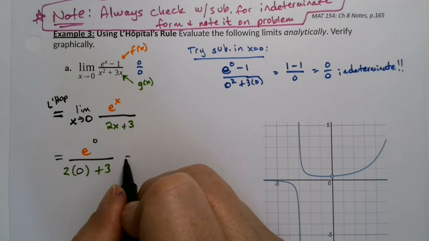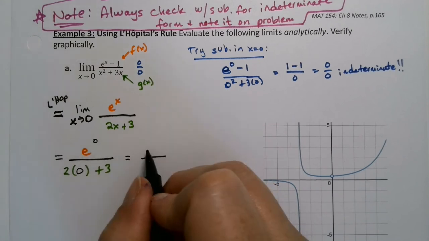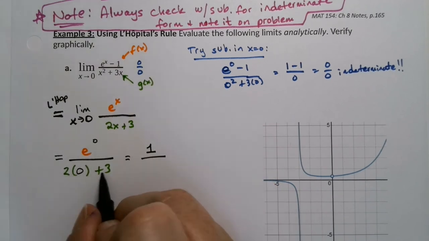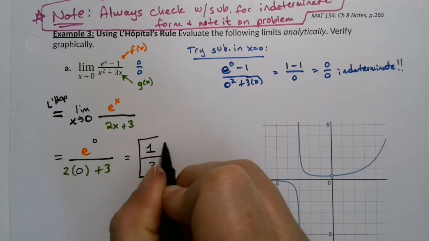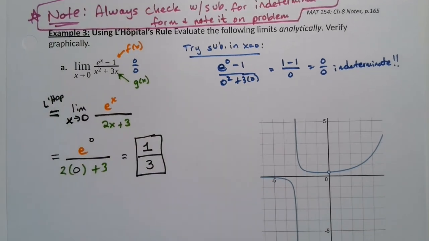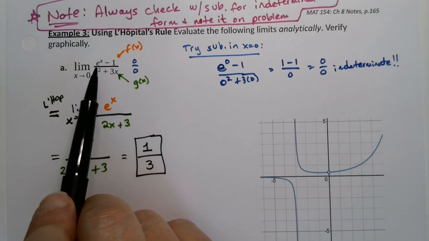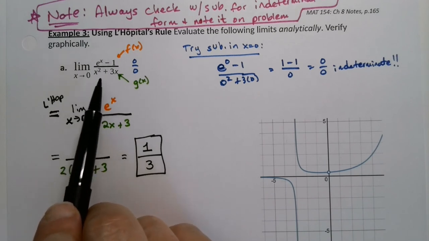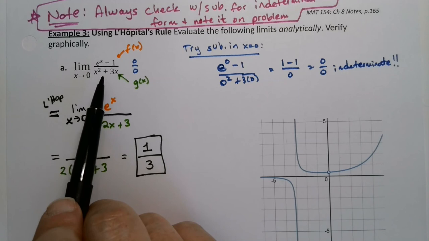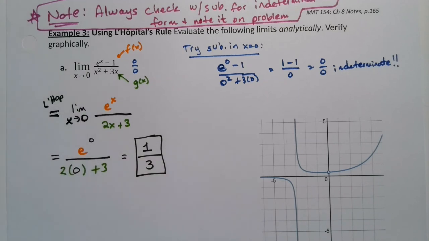It's a common mistake students make. So e to the 0 is 1, 2 times 0 plus 3 is 3, and that is the limit. Now keep in mind, you didn't have any algebra tricks that were going to help you with this. We have an exponential and a polynomial, so yuck, right? There wasn't any good way to do this without L'Hopital's rule. So thank goodness for L'Hopital's rule.